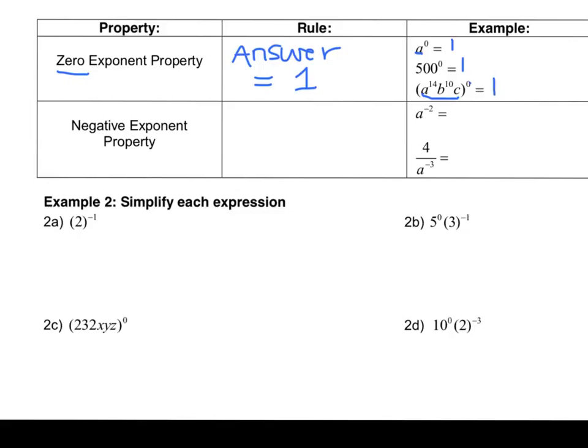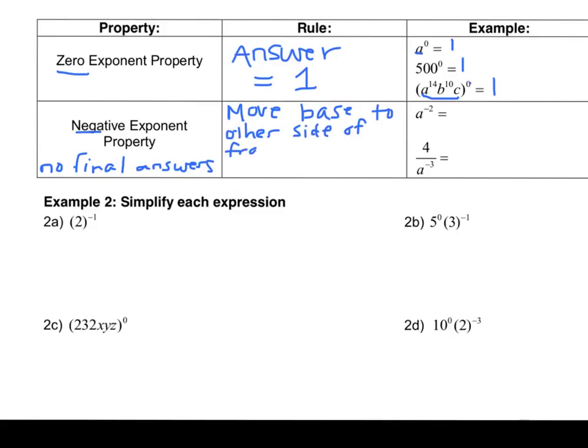Now for negative exponents, you can never leave your final answer with a negative exponent, because you need to do something to make your exponents positive. What you do is you move whatever the base is that has the negative exponent to the other side of the fraction bar.